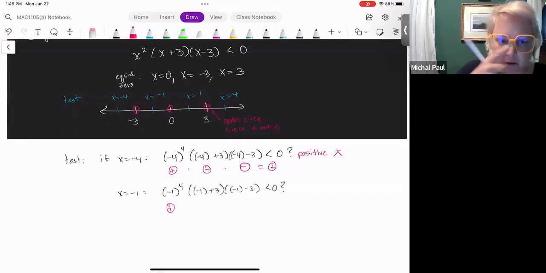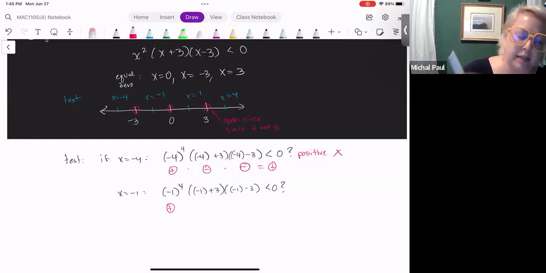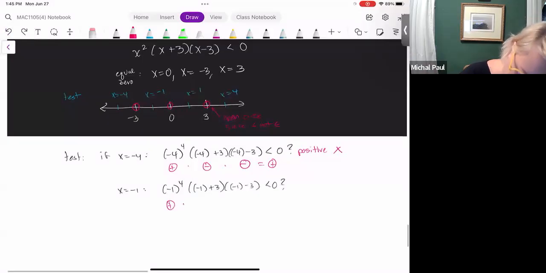Any even exponent is always going to be positive there. -1 plus 3 is a positive number. -1 minus 3 is a negative number. Positive times a negative is negative. So this part is part of my solution.